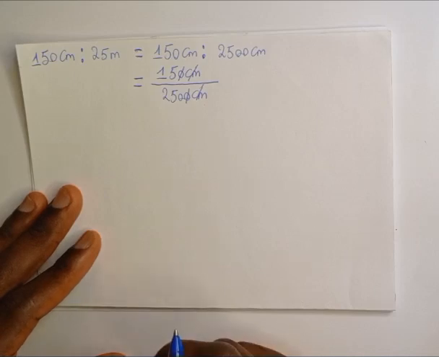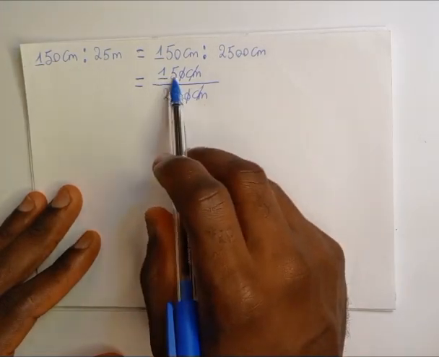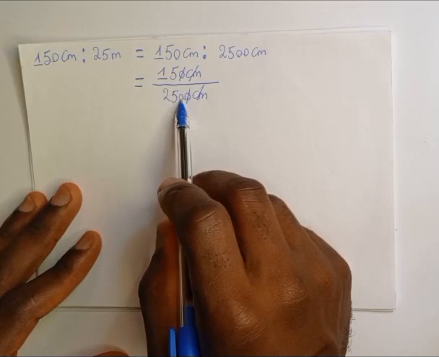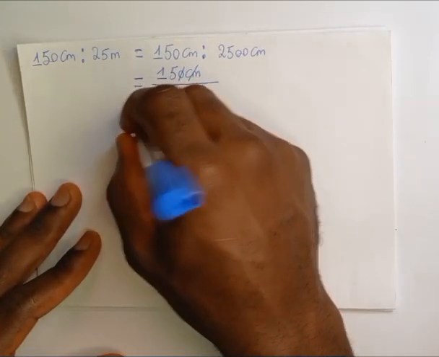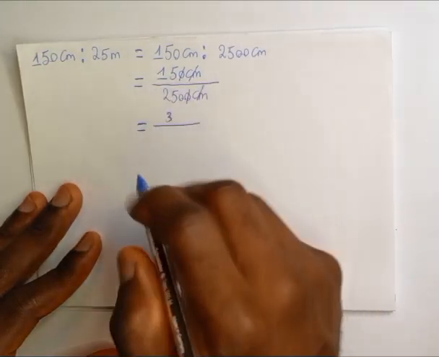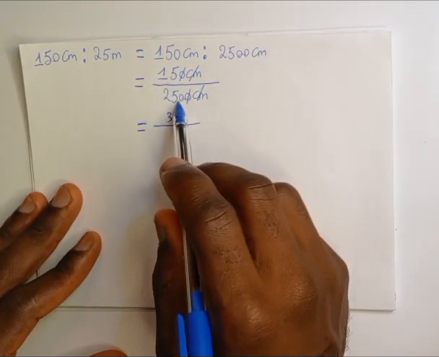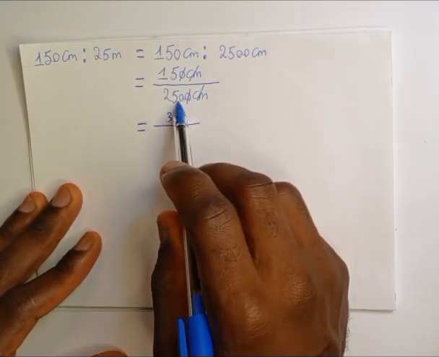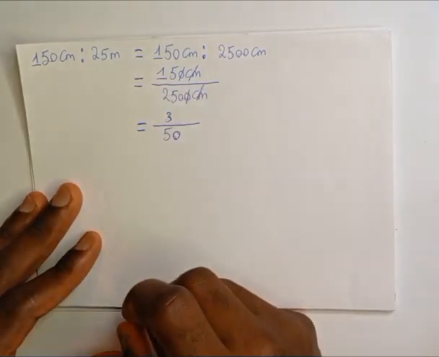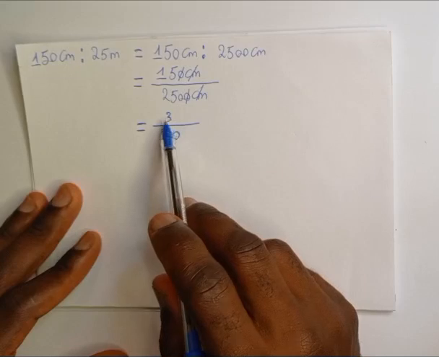The highest common factor of 15 and 250 is 5. 15 divided by 5 gives us 3 all over 250 divided by 5 gives us 50. The highest common factor of 3 and 50 is 1.